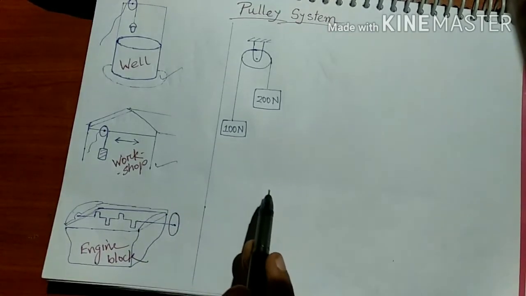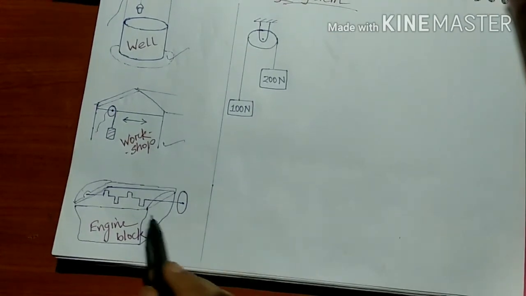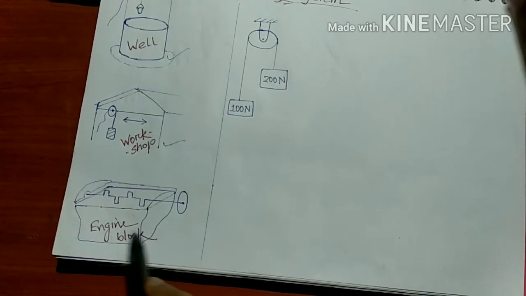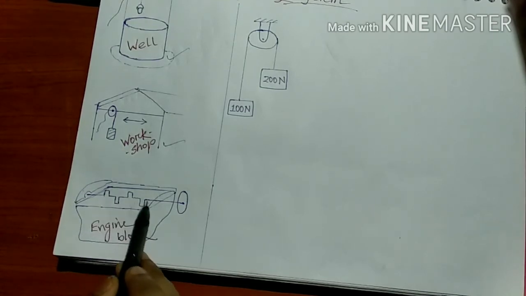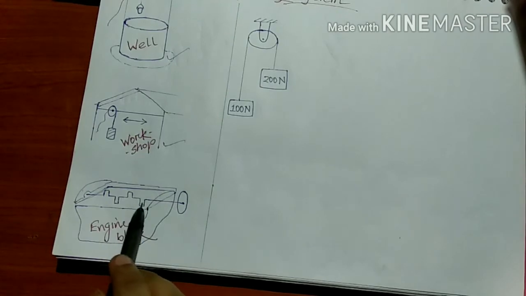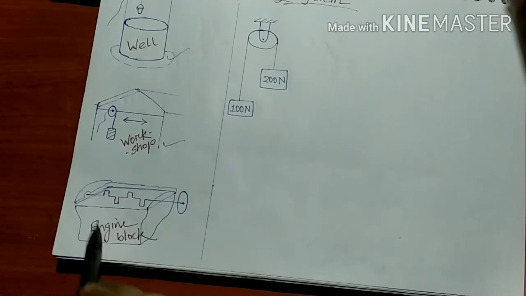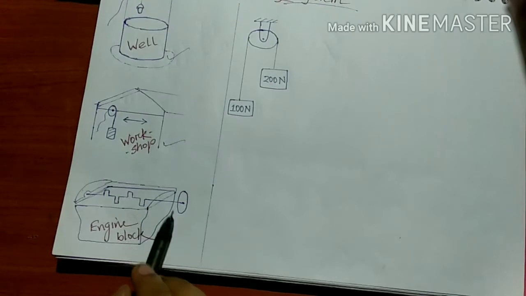Okay, again here you can see this is an engine block, and this is the crankshaft. These are the cylinder positions. Because of uneven motion of this cylinder, the engine block is subjected to some kind of unwanted vibration, and this vibration is dangerous to the engine block, right?